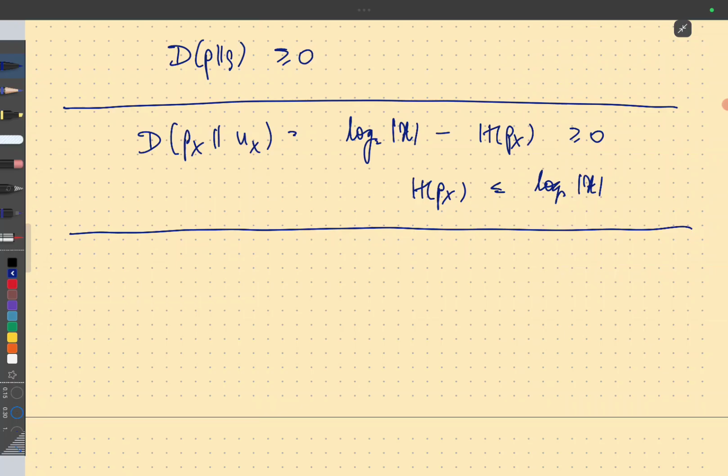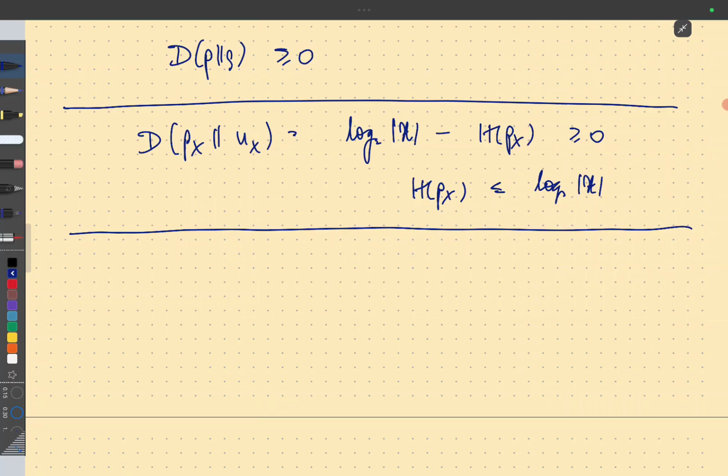So, this was sort of a straightforward application of the fact that KL divergence is non-negative. There are more interesting ways of using the same property, and so let's see one of those. So this is an upper bound for distributions over a finite alphabet, right? What happens when the alphabet is not finite?